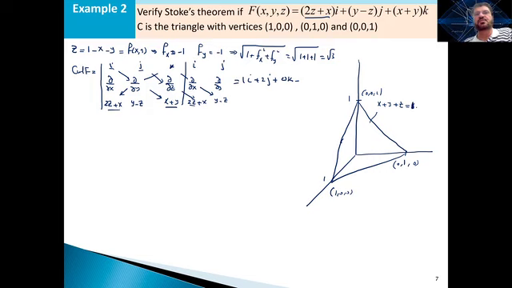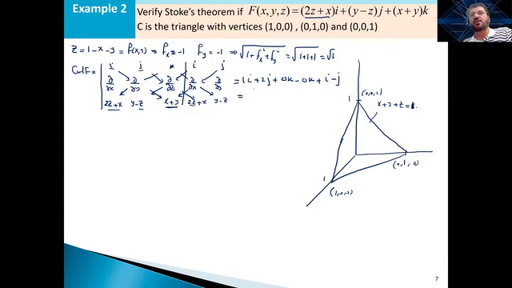What's the derivative of this with respect to y? It's 0. 0k minus. What's the derivative of this with respect to z? It's -1, and there is a minus, becomes plus 1i. The derivative of this with respect to x is 1, so minus 1, and this is j.